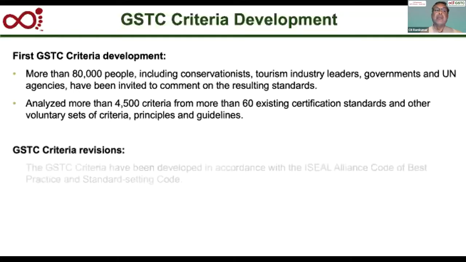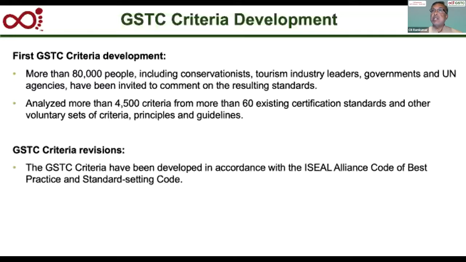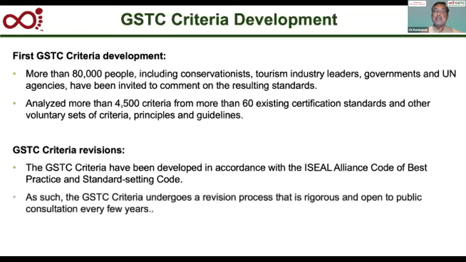Now, the GSTC criteria, we revised them because we are part of the ISEAL Alliance, which has a code of best practice and standard setting code. So we have to keep revising and updating our standards as we go along, because it has to be a live document and not something that is frozen in time. So the GSTC undergoes a revision process that is very rigorous.